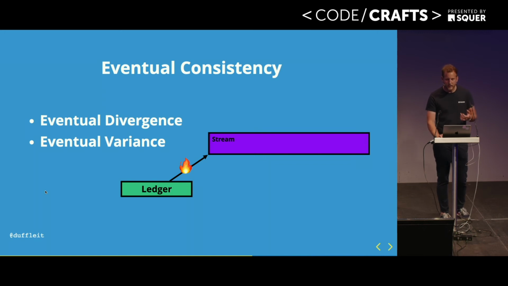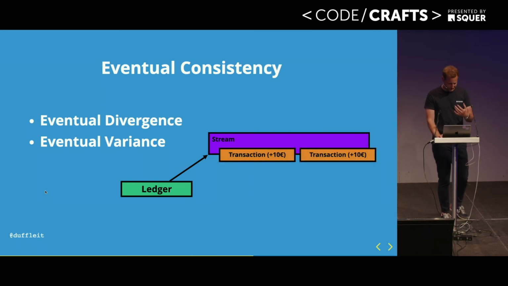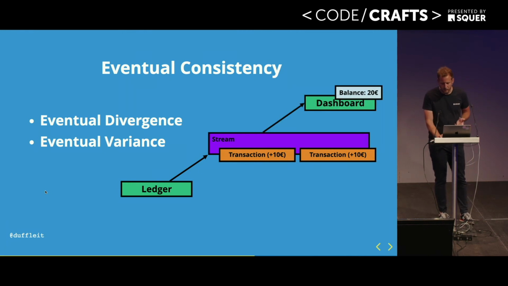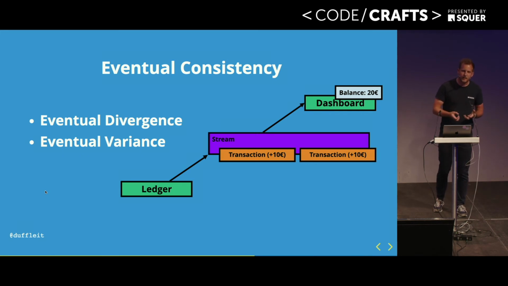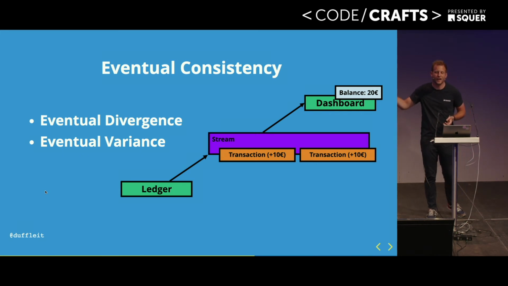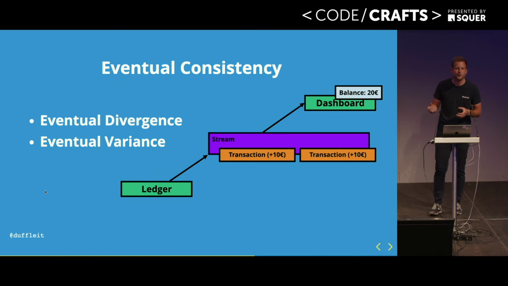So we do it again and probably it goes through, but we don't get the response, and then we try it again, and then ultimately it works, and then we have it 2 times there. And then if the dashboard starts to collect those transactions and sums them up, we have a balance of 20, but we should have a balance of 10, right? And this is basically the fact that we have the same events, but in a different quantity.